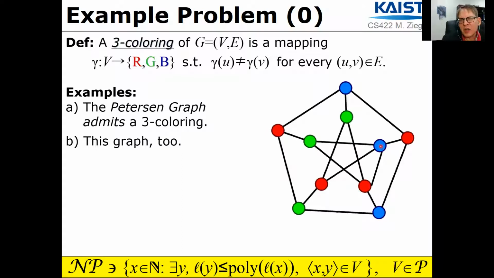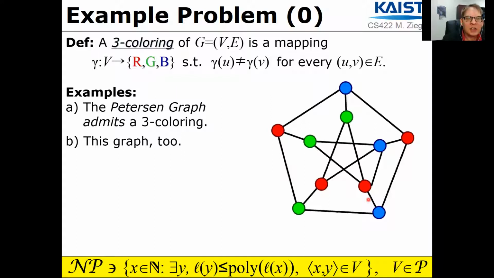Here, this new graph does not have such a vertex anymore. So this modified Peterson graph, in spite of having broken its admissibility, is now still three colorable.